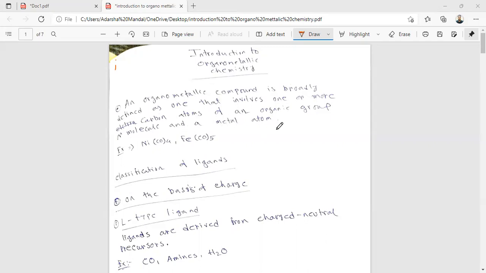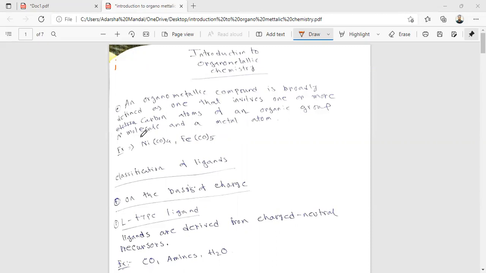So there should be a minimum of one bond between the metal and the carbon atom of this ligand moiety. So this is an example of an organometallic compound.